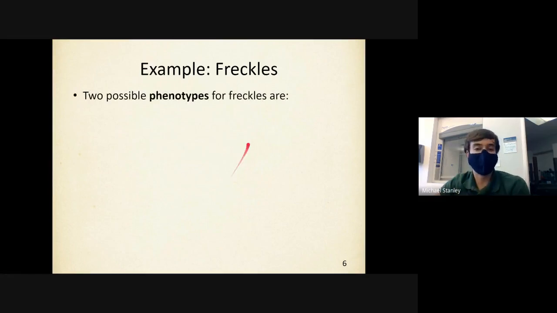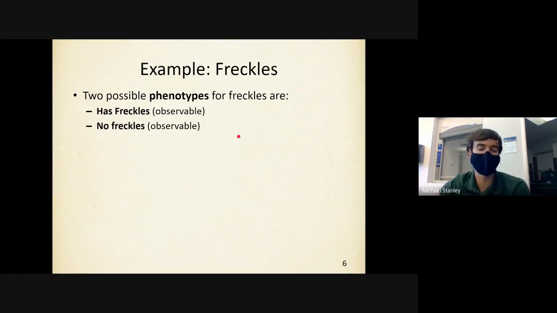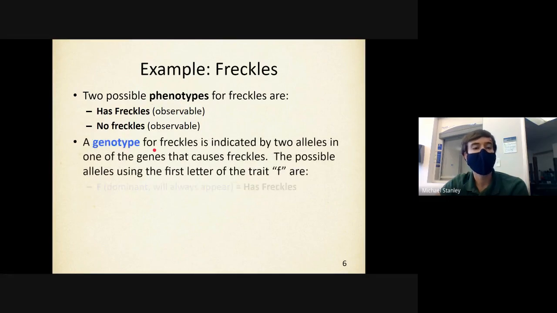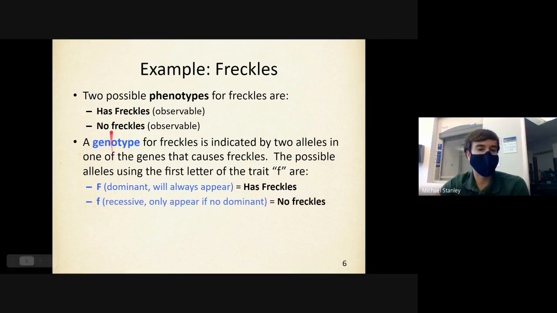So, for example, if we're thinking about freckles, your phenotypes are either you have freckles or you do not have freckles. So again, if you don't know, freckles are like the little pale dots that people sometimes get on their skin. So either you have them or you don't. Those are our phenotypes. A genotype would consist of, in this case, 2 letters F. And having freckles is the dominant trait, and not having freckles is the recessive trait.